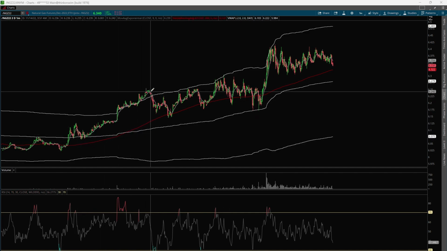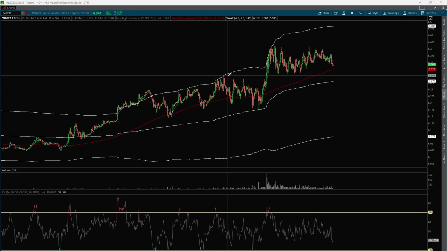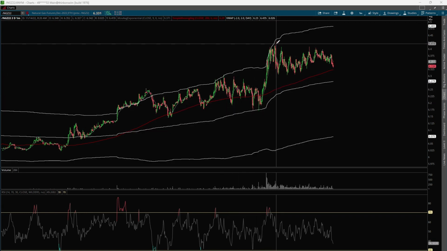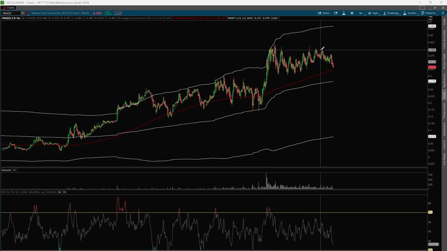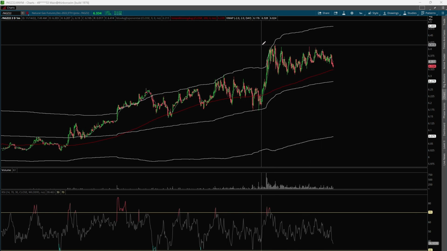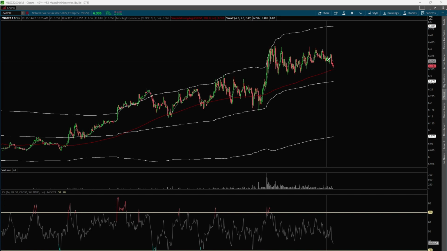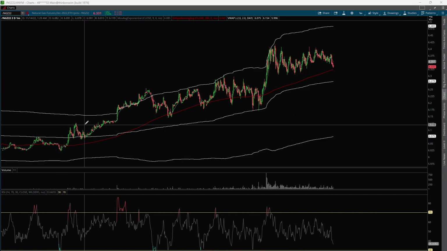It really has done that periodically all day. I guess it made a little bit of a lower low here, but at the end of the day, it came down to VWAP, held, made a higher high. Now, for example, it's kind of struggling to make a high, but it is making a higher low. So this is really a clear sign of an uptrend.